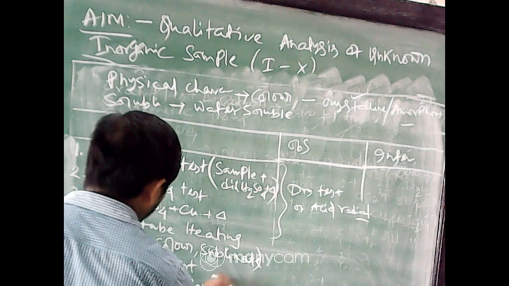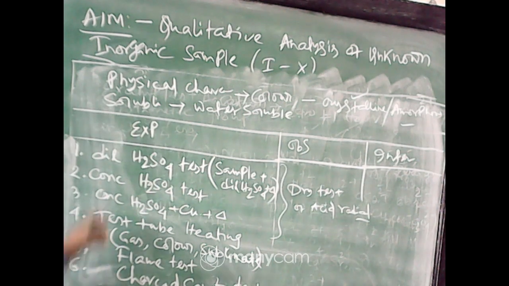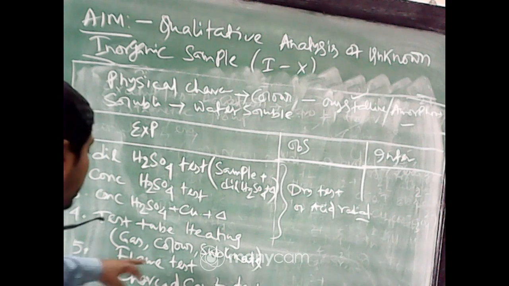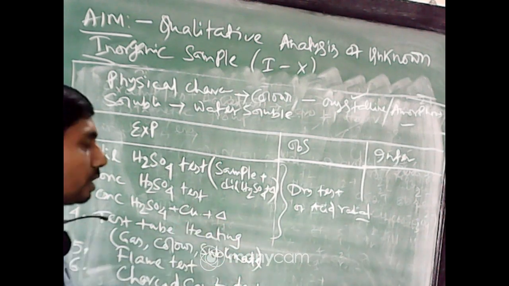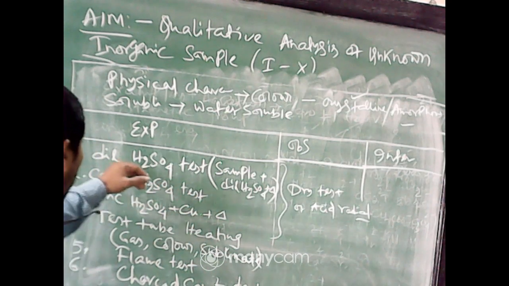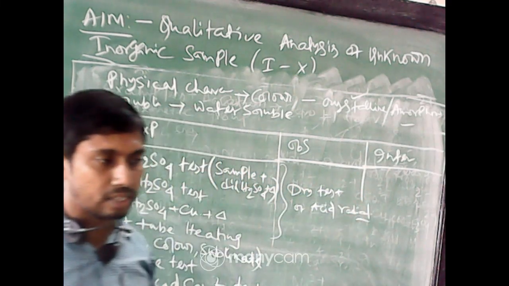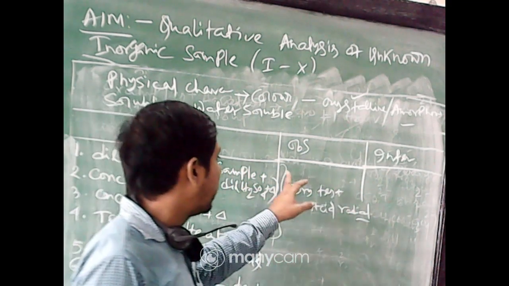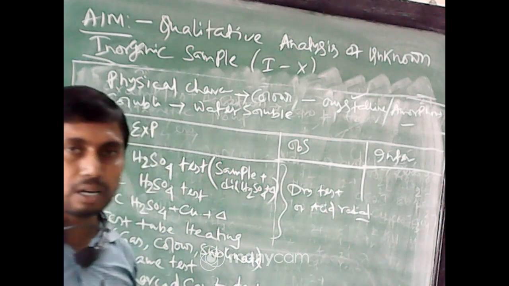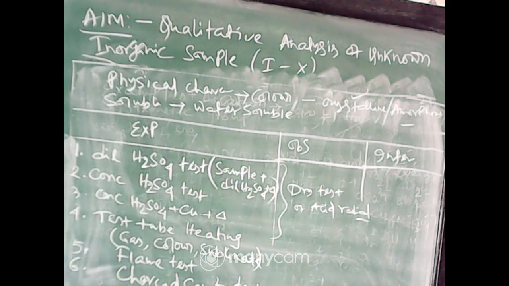You will write all these experiments, but you have to change the observation and inference. If absent, write that this particular observation is not found and these cations are absent. Don't omit the test.